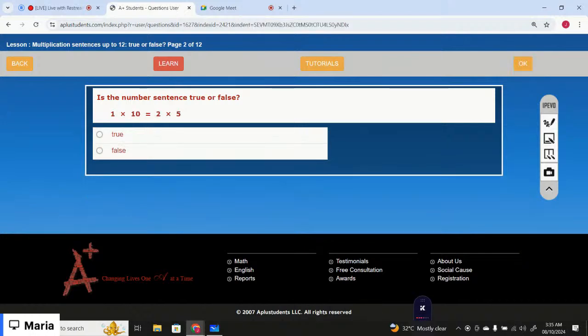The next one is, is the number sentence true or false? Which is the correct option? 1 times 10 equals 2 times 5. So which is the correct option?